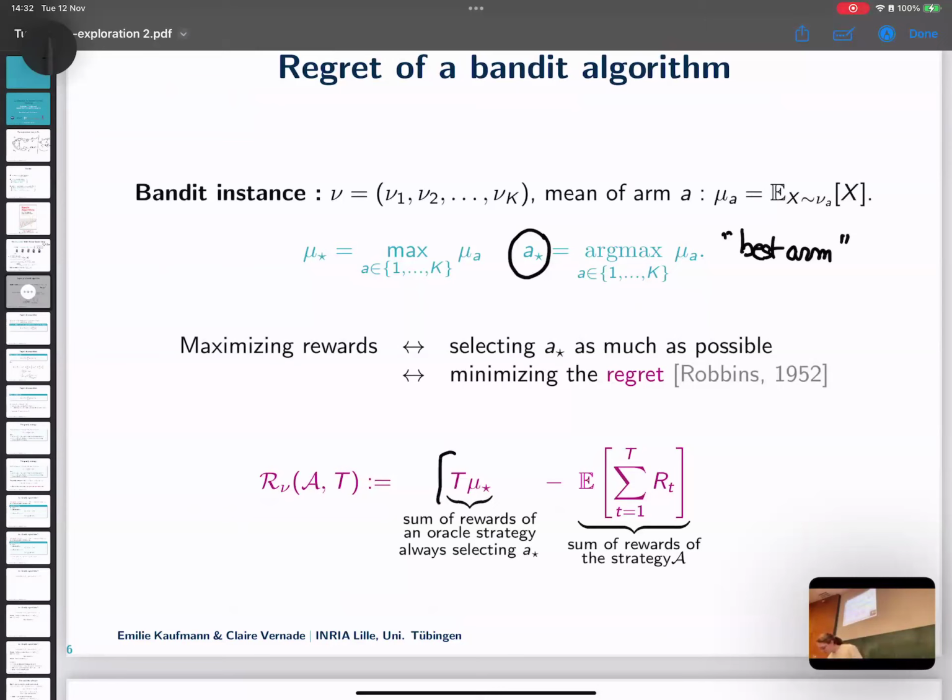This is the best possible reward I could have obtained if I always did the best thing, if I knew the means. And this here is the sum of the rewards of my strategy. So instead of maximizing this thing, I'm going to minimize the difference.